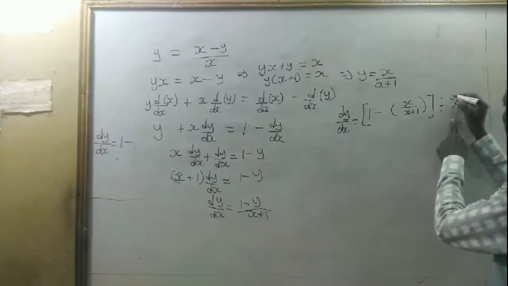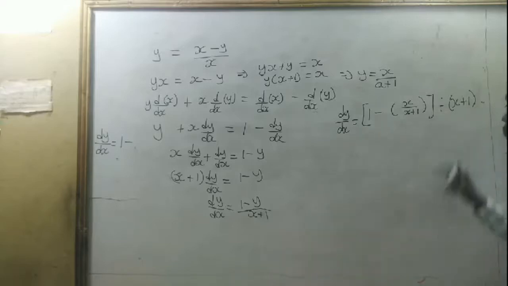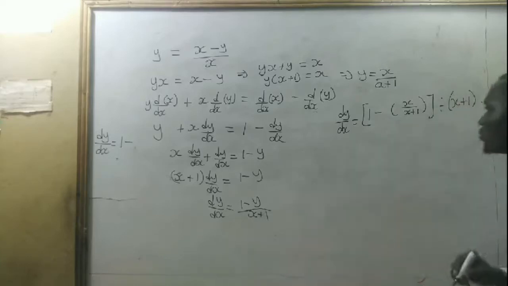And here remember to put this in brackets. If you forget the brackets, it means that the division sign is only dividing the x. So we put this in brackets.